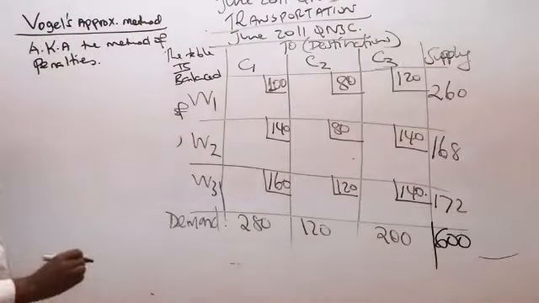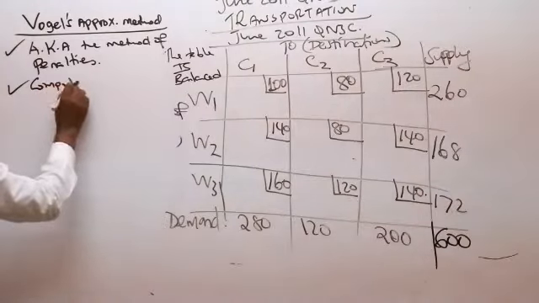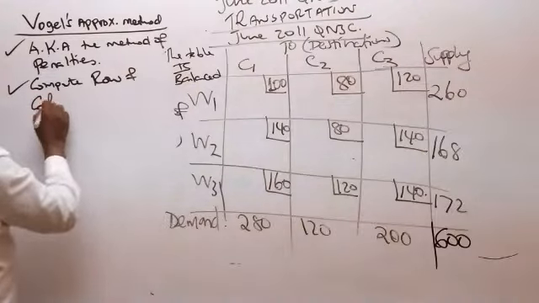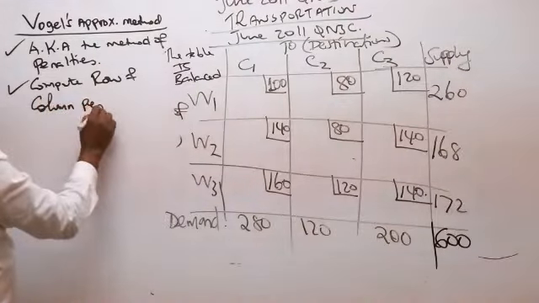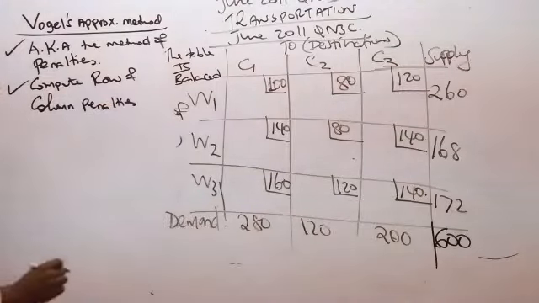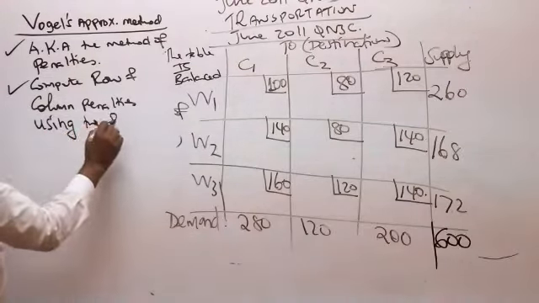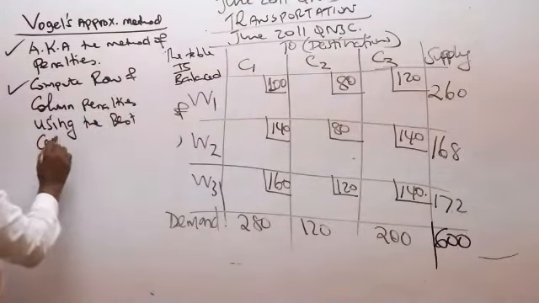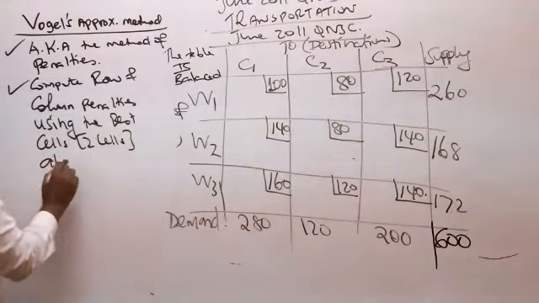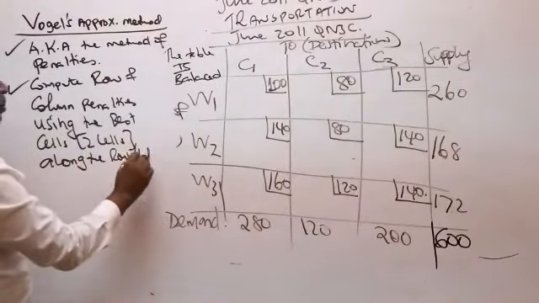So then what are we required to do? We are supposed to compute row and column penalties using the best cells, and these are normally 2 cells along the row and column.